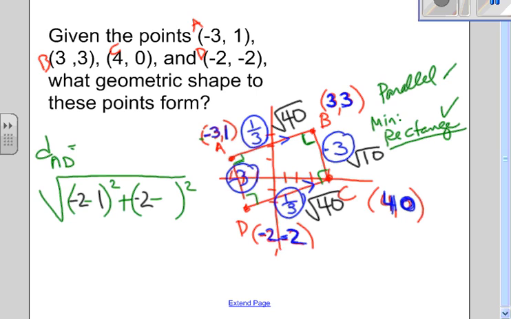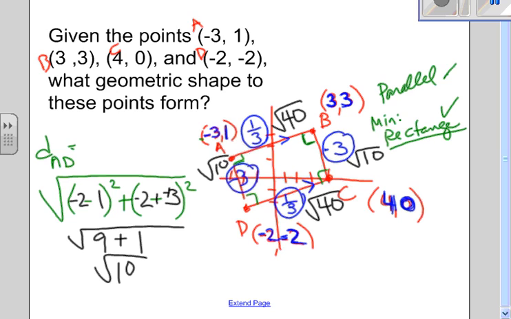Negative 2 minus 1 is negative 3, which when you squared it, you get a 9. Negative 2 minus a negative is plus 3, so that's 1 squared, which is 1. That's the square root of 10. Okay, so looking at this, opposite sides are congruent, okay? Opposite slopes are the same, and adjacent sides are perpendicular. That means this is most definitely a rectangle.